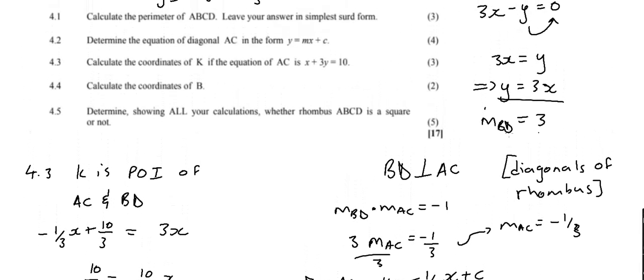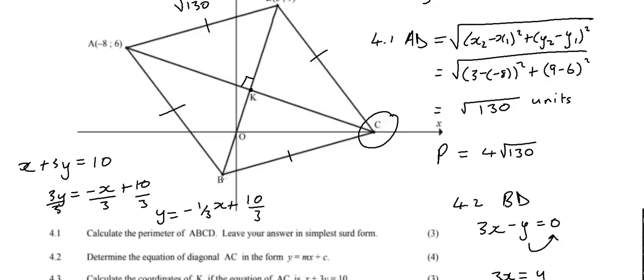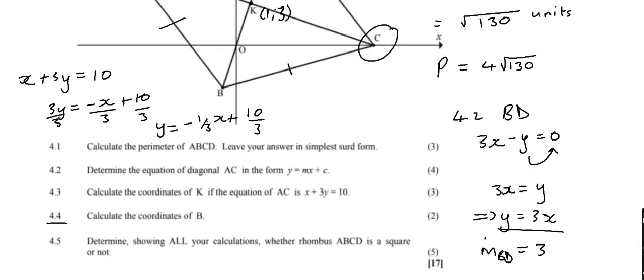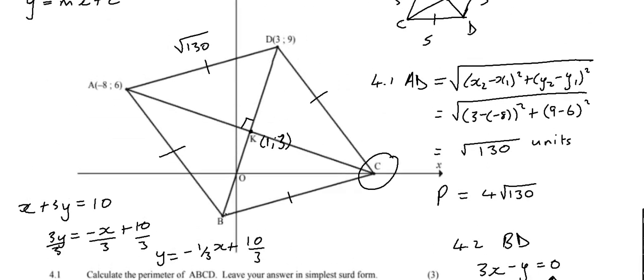Now, the next question is that we calculate the coordinates of B. Remember, B is this point here. We just found that K is 1, 3. Like this. So B rather, is a point like this one.